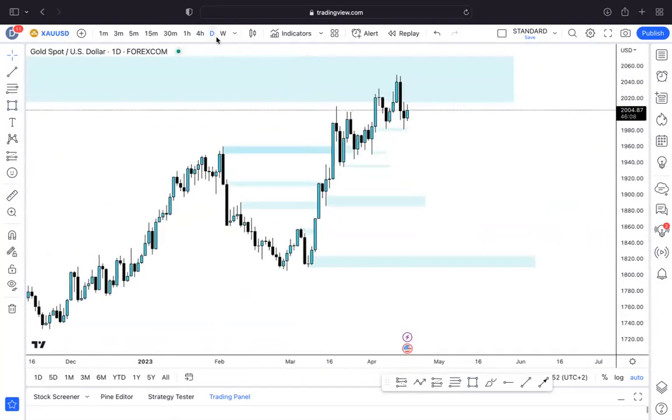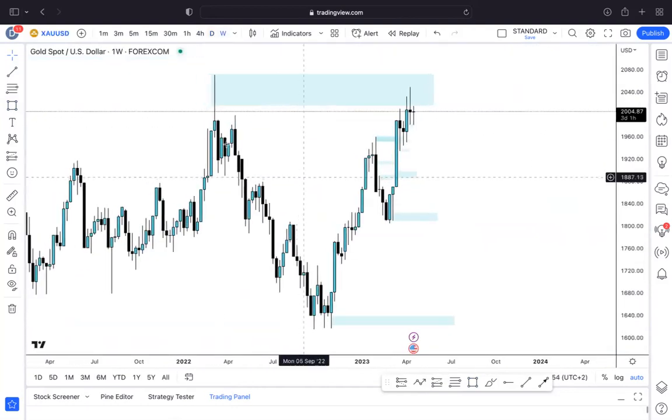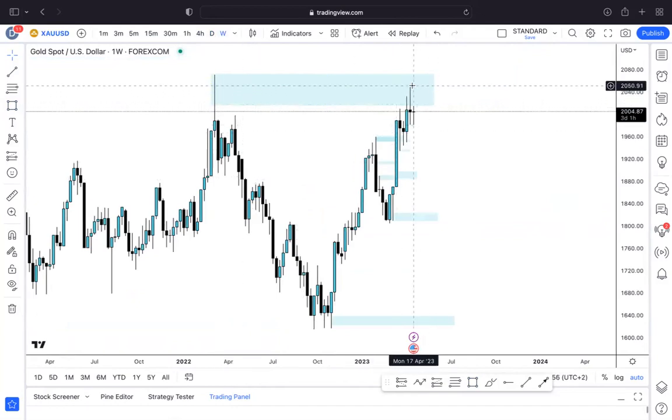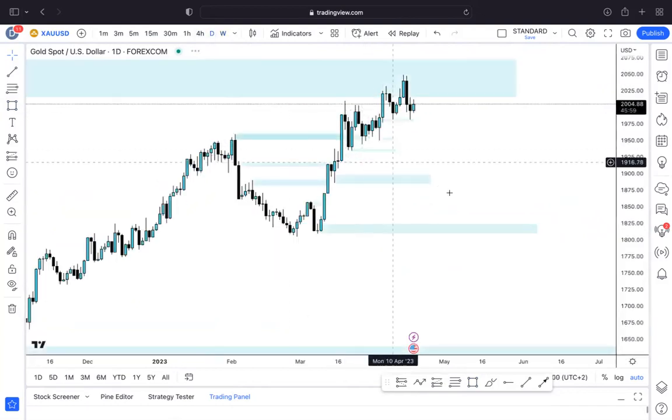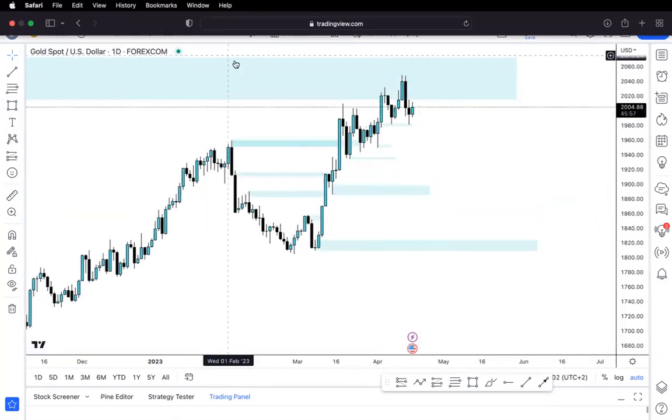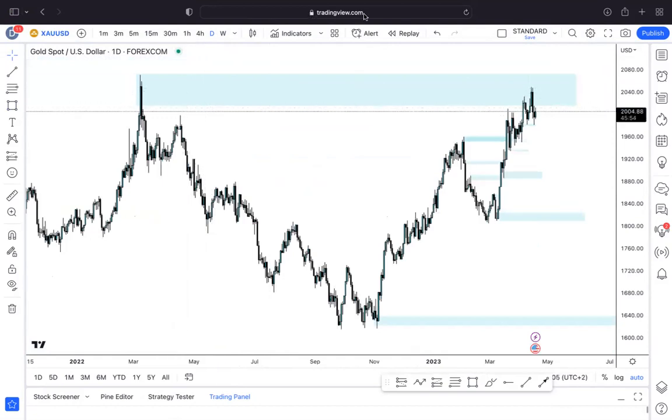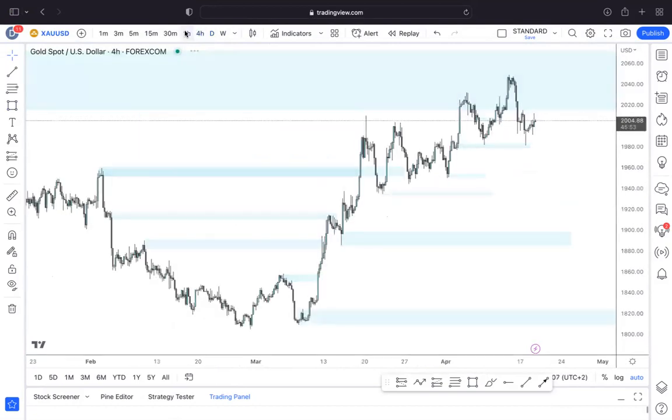And gold is attempting to break the weekly high. Currently in the weekly order block and daily, 4 hour, 1 hour.